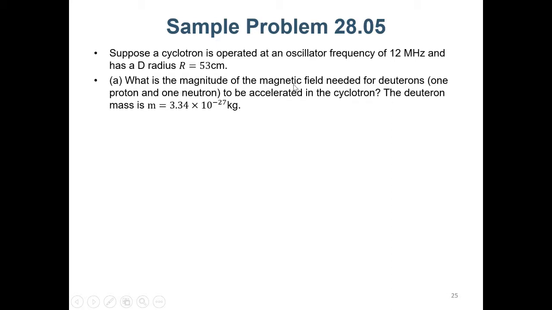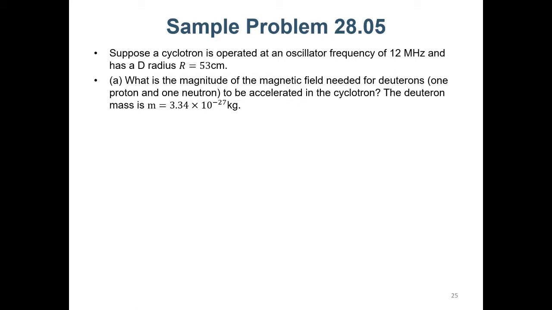What is the magnitude of the magnetic field for a deuteron, one proton and one neutron, to be accelerated in the cyclotron? The deuteron mass is something like 2 times the proton mass.